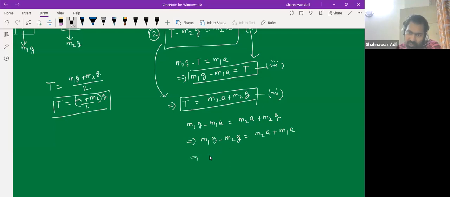So g is common, and we have M1 minus M2. And then a is common, so M1 plus M2. So a is g times M1 minus M2 divided by M1 plus M2.